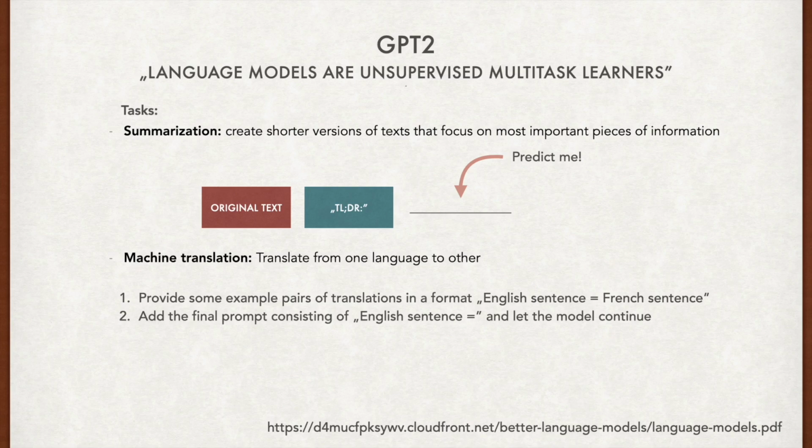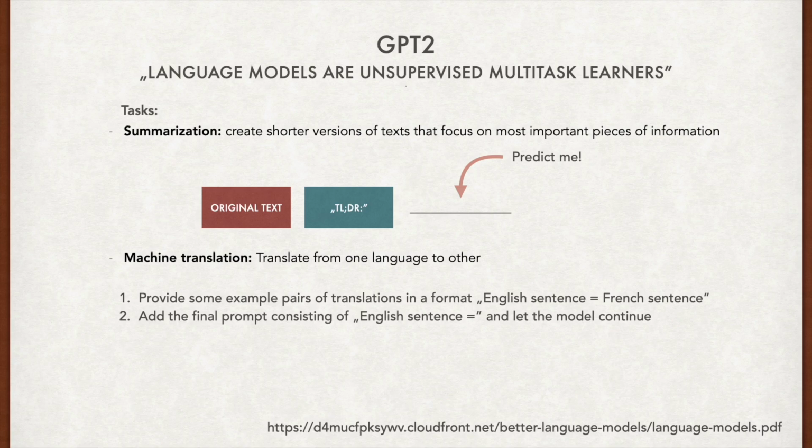So here also, a special piece of text is used to encourage the model to follow a certain path, because after TLDR we expect a summary to be provided. Clever. But an even more clever solution had to be applied in the context of machine translation. To force a model to process pairs of translated sentences, we built a context, a prompt first.